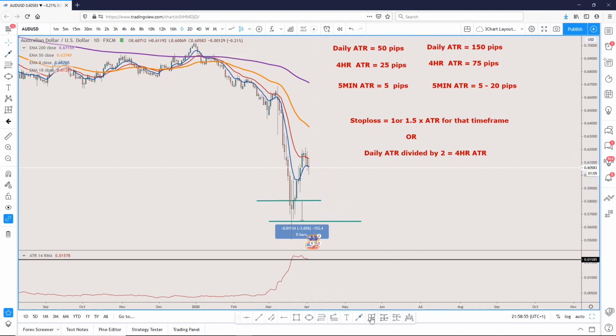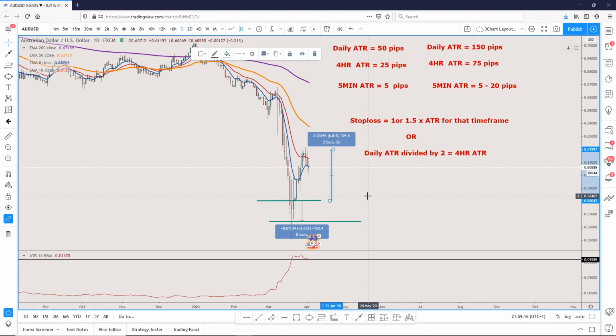Let me see how many pips profit you would have made. Say we exited here. That is almost 400 pips. So you risked 150 pips to make 395 pips. That's how you use ATR on the daily time frame.